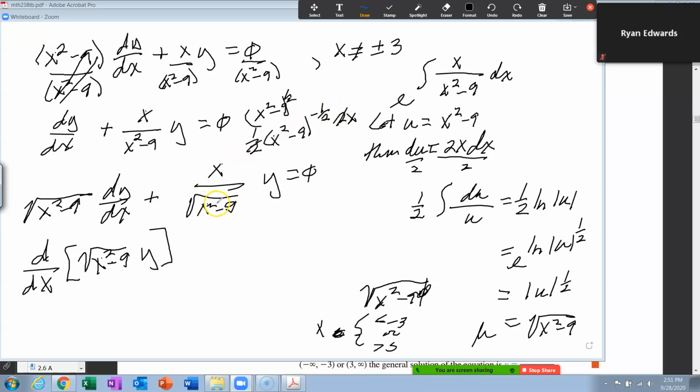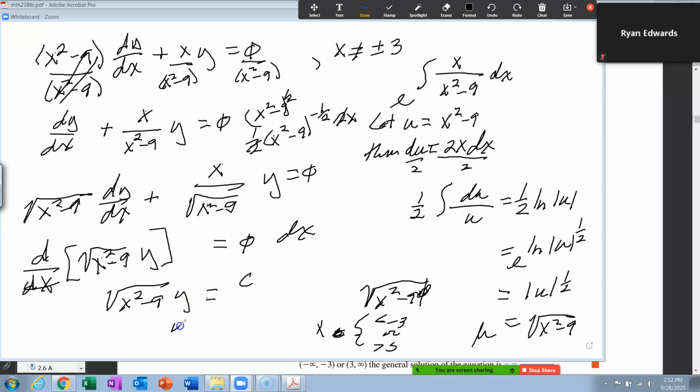That's exactly what we've got, times y. So we do have that, and that's equal to 0. We'll write that in differential form and put your dx over here, and that gives us the square root of x squared minus 9 times y is equal to, and if you integrate this, that's a constant, okay?